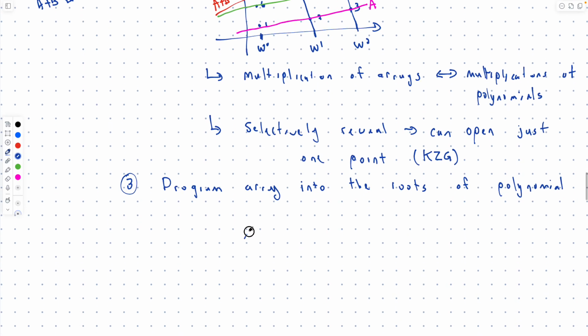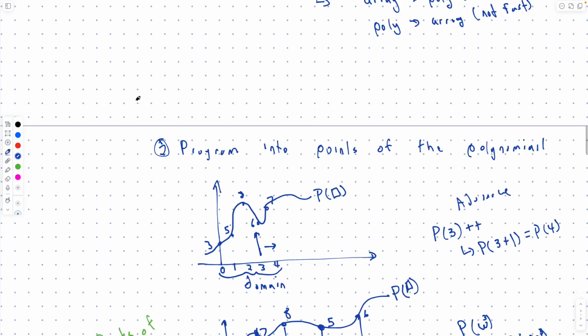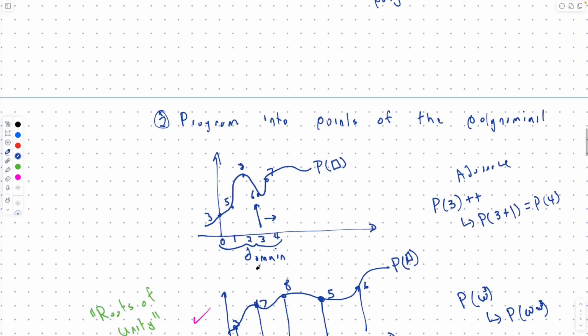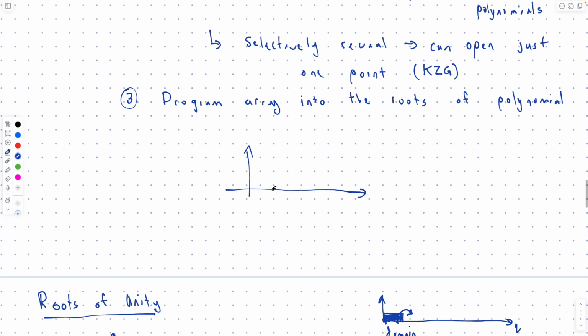Okay, so what that means visually is 3, 5, 8, 6 are all roots of the polynomial. That means they cross the x-axis at those values. So 3, 5, 8, 6, 8, etc. They're all roots of the polynomial. So that means it's kind of like having a set of points, but they're special points because they're all at 0.